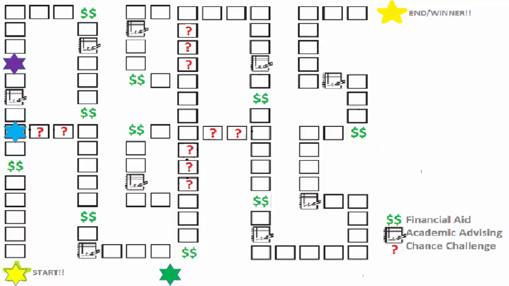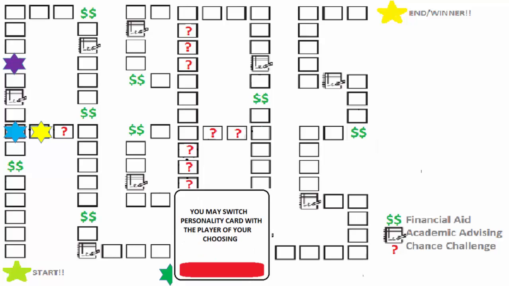The next player has rolled a 5 and a 4, so they will proceed 9 spaces. On the 8th space, this player has the choice of continuing forward or going to the left. This player has decided to go to the left. They have landed on a Chance space, so they will draw a card from the Chance deck.